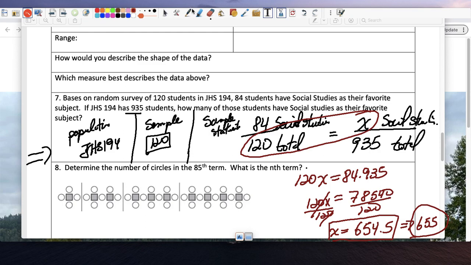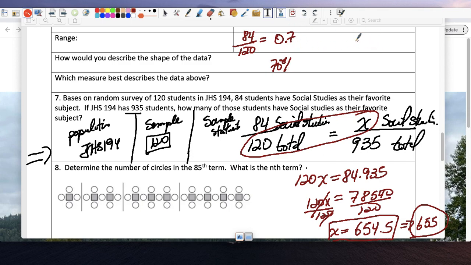The other way was what I mentioned before. In our sample, we found that 84 students out of 120 like social studies. If you divide that, you get 0.70, which percentage-wise is 70%. So that ratio should also be reflected here.